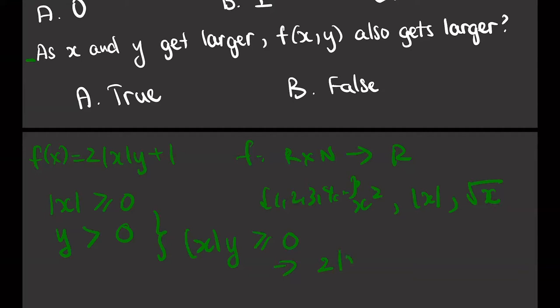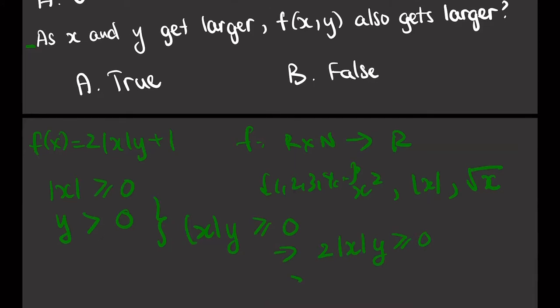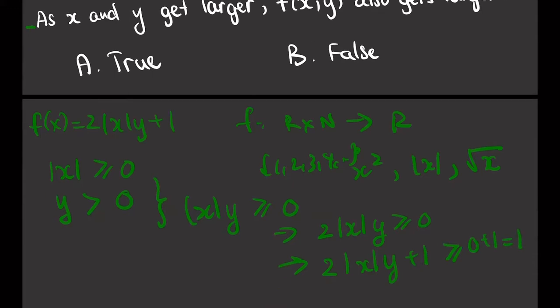So 2 times absolute value of x times y is also greater than or equal to 0. So 2 times absolute value of x times y plus 1 is greater than or equal to 0 plus 1, which is 1. So the minimum value of the function would be 1.